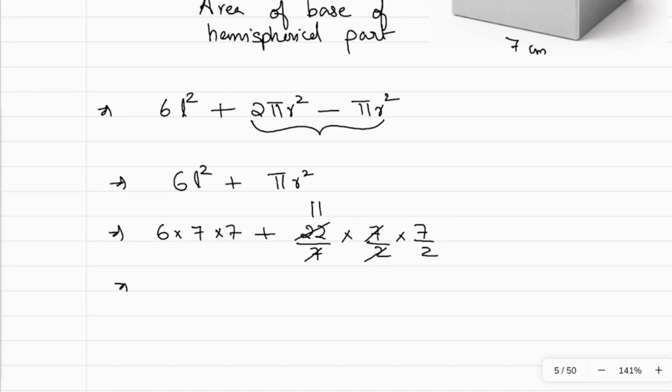This is equal to 6 into 49. 49 into 6 is 294, plus 7 by 2 means 3.5, 3.5 into 11 is 38.5. So at the end I will get 332.5 centimeter square. Okay.